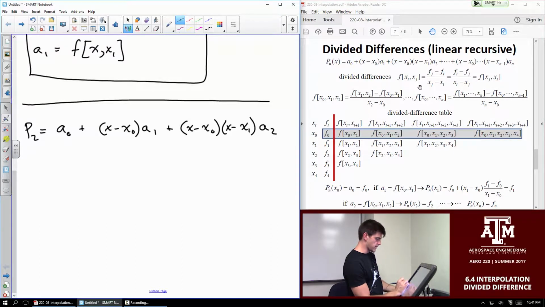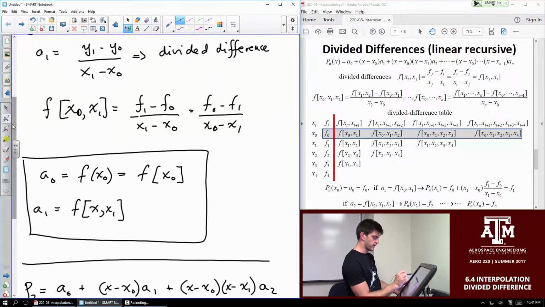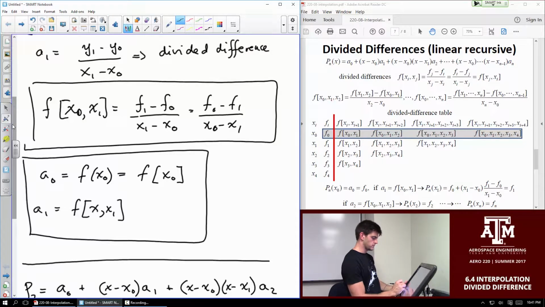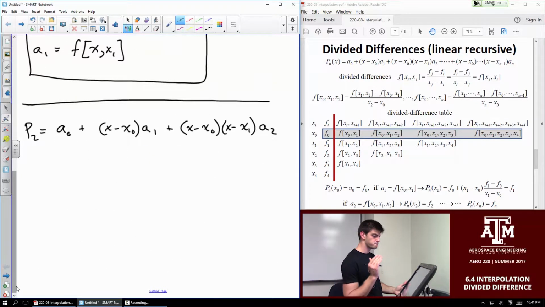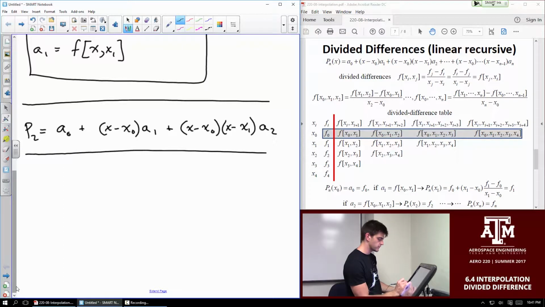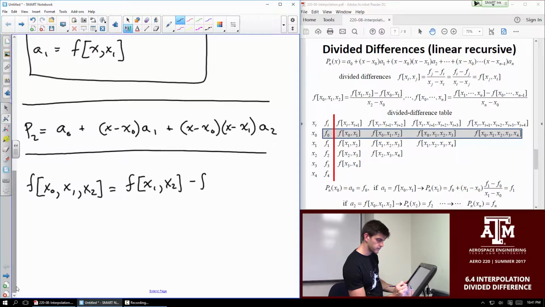But we have our definition here for the divided difference between two numbers. And I'm going to say that a higher order divided difference, which is written like this, is equal to f bracket x1, x2 minus f bracket x0, x1, all over x2 minus x0.